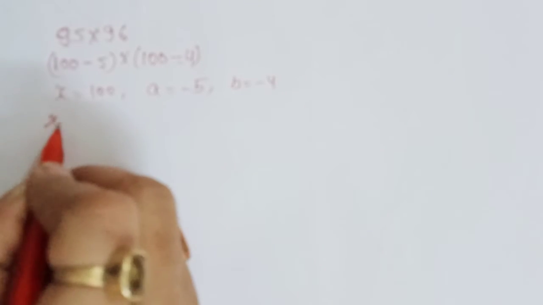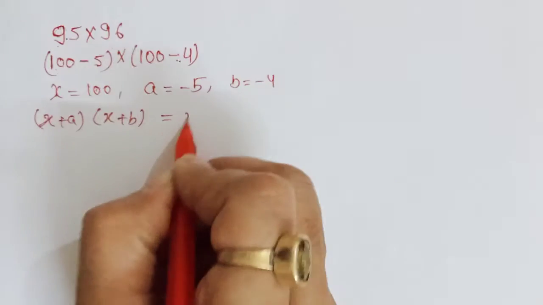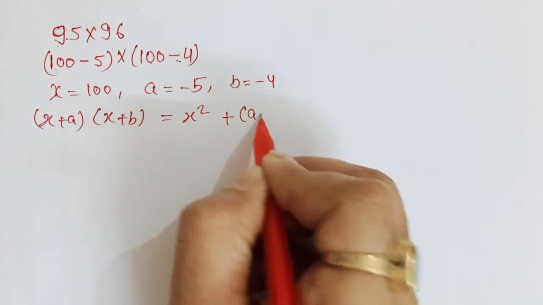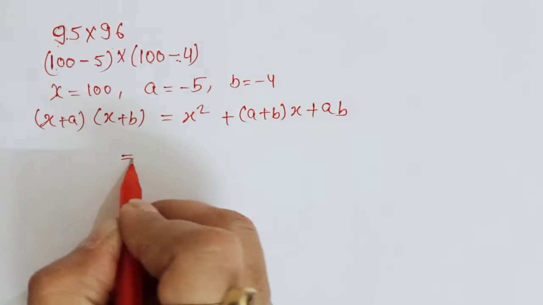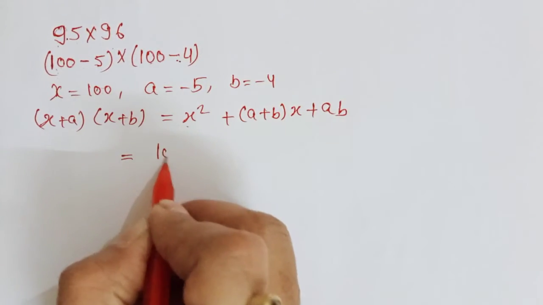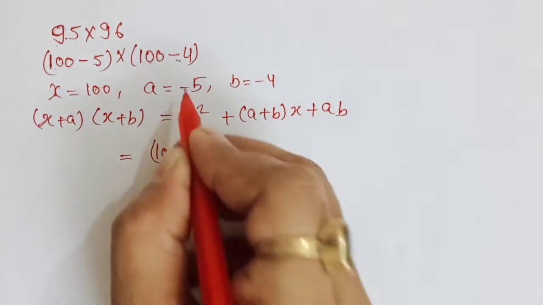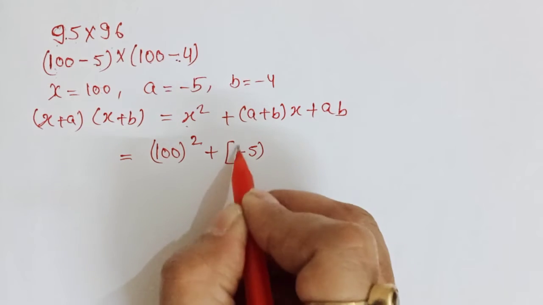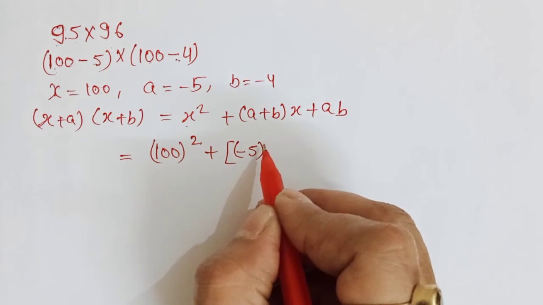Now apply the formula (x plus a)(x plus b) equals x square plus (a plus b) into x plus ab. x is 100, so we have to square 100, plus a is minus 5. A negative number cannot be written independently, so we have to use a bracket for writing it.